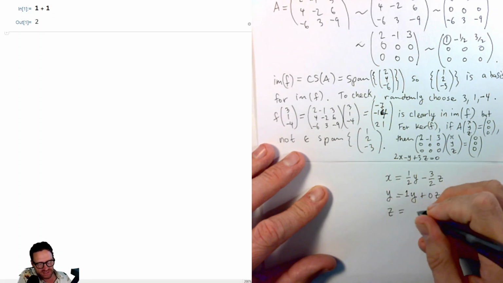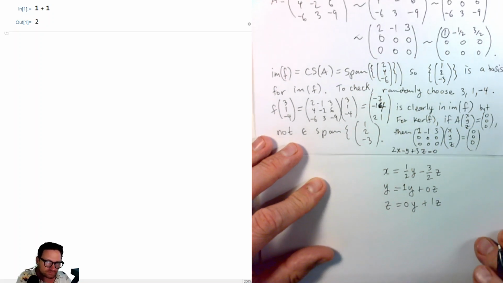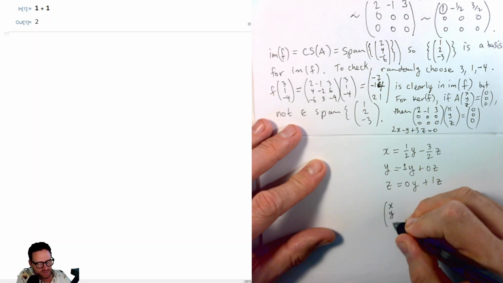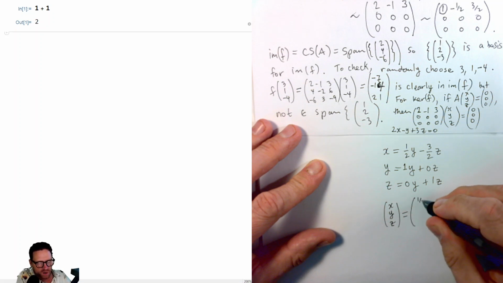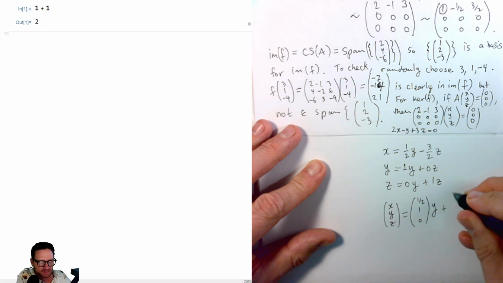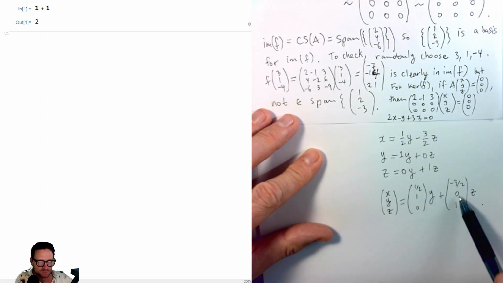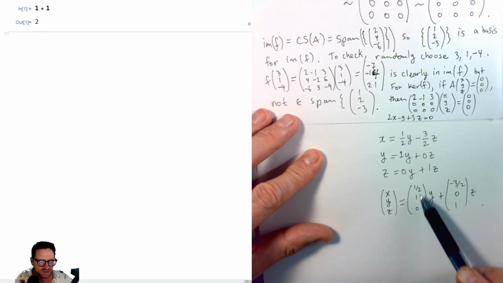And z is equal to z, or 0y plus 1z. So now let's write our element of the null space, (x, y, z), is (1/2, 1, 0) times y plus (-3/2, 0, 1) times z. And so I have a linear combination of these two vectors. Whenever I have an element of the null space, I can express it as a linear combination of these two.